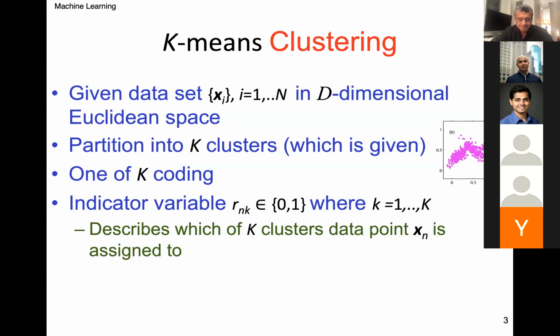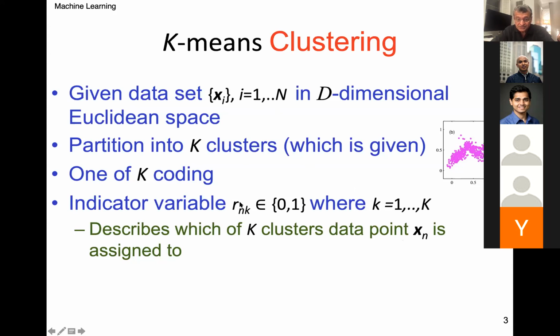That is the task. So we can think of an indicator variable r_nk belonging to {0, 1}, where k equals 1 through K. Here K is 3. So r_nk describes which of the K clusters the data point x_n is assigned to.